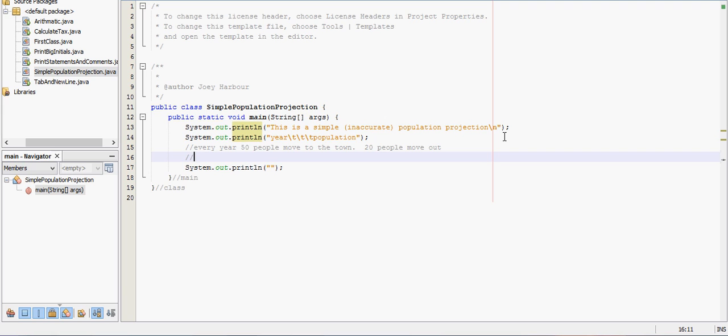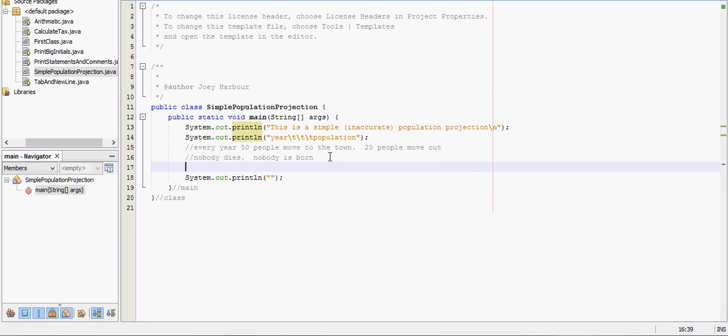And we'll say nobody dies, nobody is born. So we're going to put as many constraints on this as possible. Alright. Initial population is 1,000. And that's too many zeros. That was 10,000, but we're going to go with 1,000.